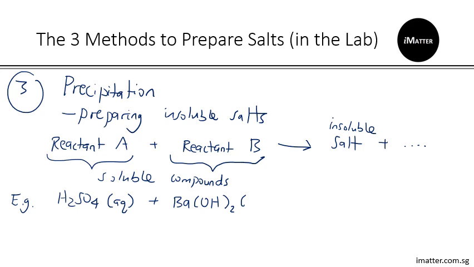Well, for O level we shall consider this as soluble. Well, and of course, you should recognize that this is an acid and this is an alkali. So of course, your products will be a salt and water. Now in this case, this is your salt, barium sulfate. Now if you remember your rules, this is an insoluble salt.